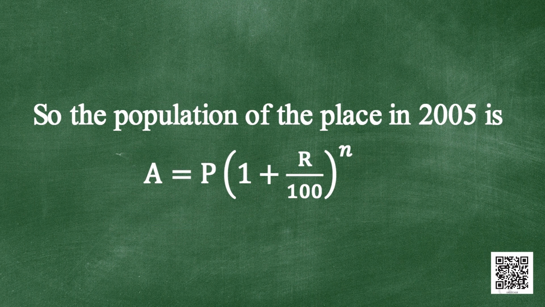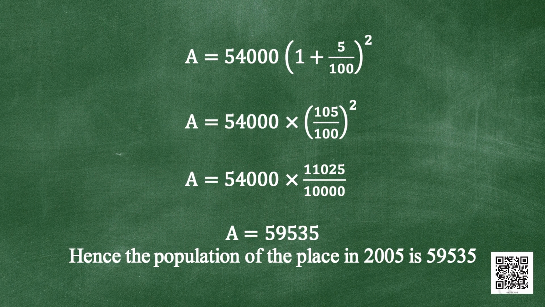So, the population of the place in 2005 is, we know the formula, A is equal to P times (1 plus R by 100) whole to the power of n. So, that is equal to, principal is 54,000 times (1 plus 5 by 100) whole to the power of 2. So, upon simplification, solving 1 plus 5 by 100, we get 54,000 times (105 by 100) to the power of 2.